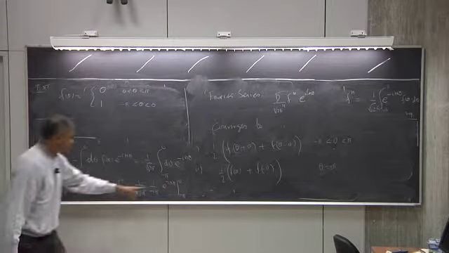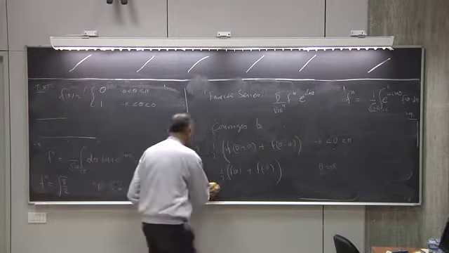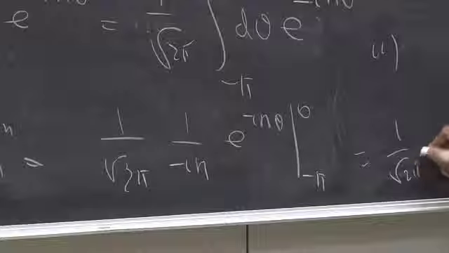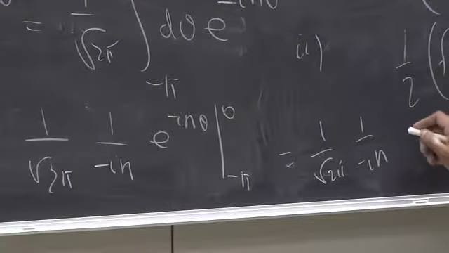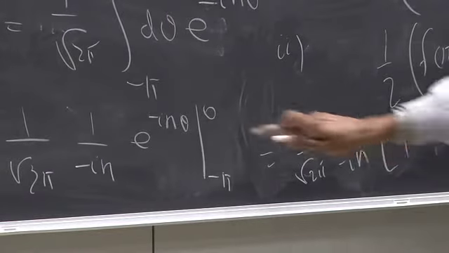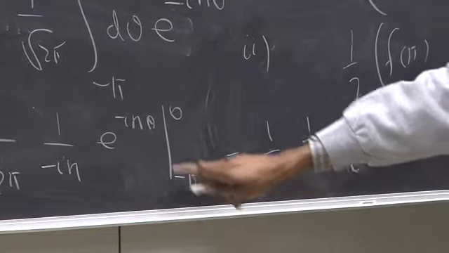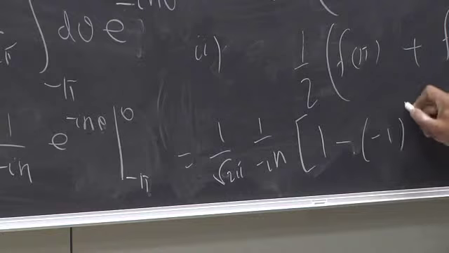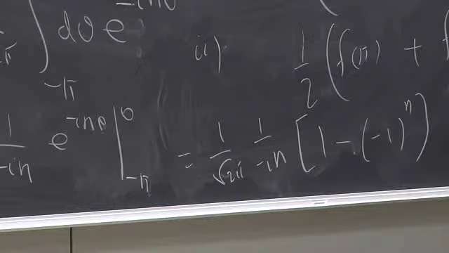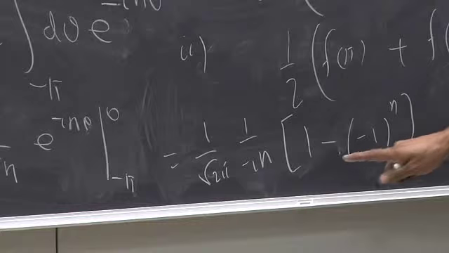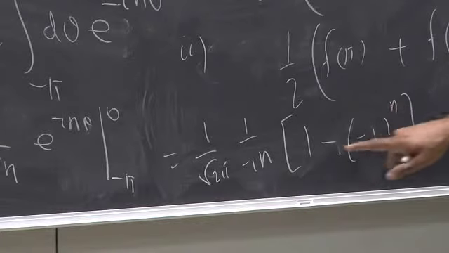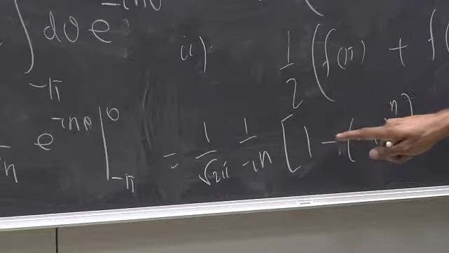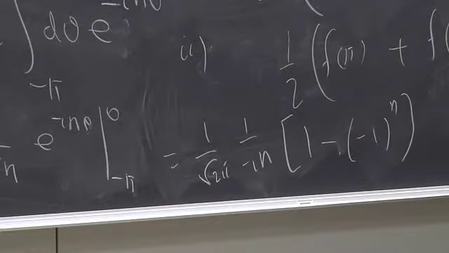So at 0, this is 1, and at minus pi, it is e to the i n pi, which is minus 1 to the n. So what this is saying is that if n is even, this cancels, and when n is odd, this gives you a factor of 2. Right? So let me just summarize it here.